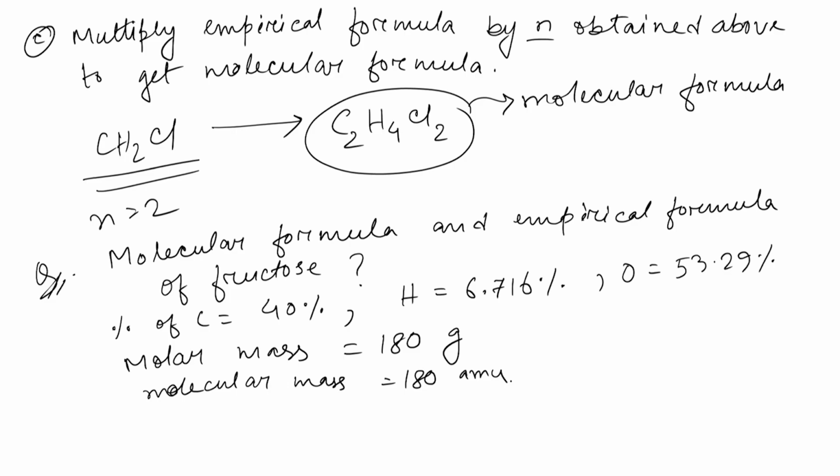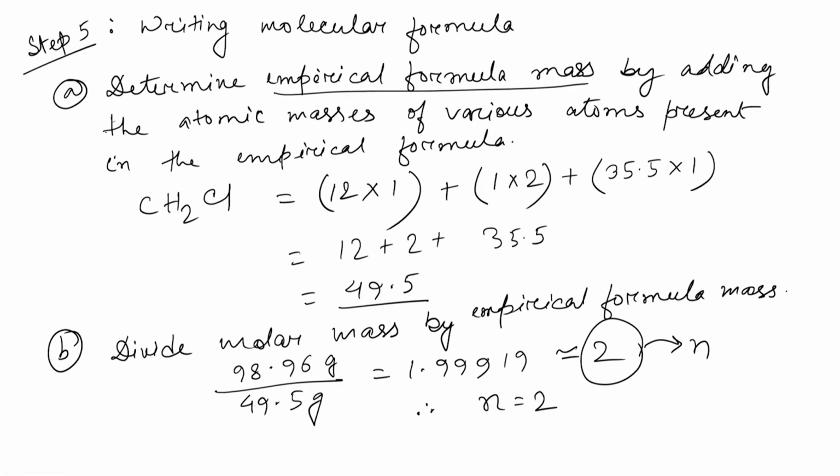Okay. So let's find out what was the first step. The first step was we have to convert percentages to mass. Okay. So in step 1 we get mass of carbon is equal to 40 grams.